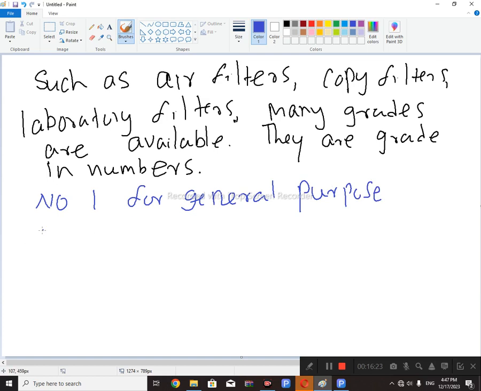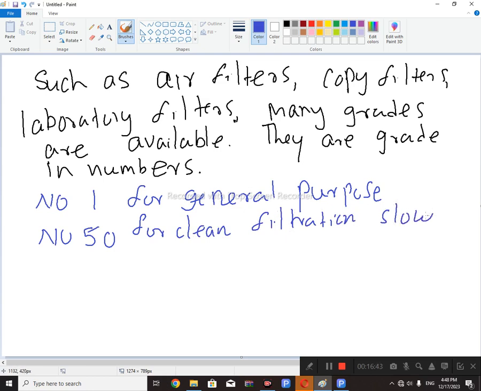Number 50, for clean filtration, slow, fine particles.